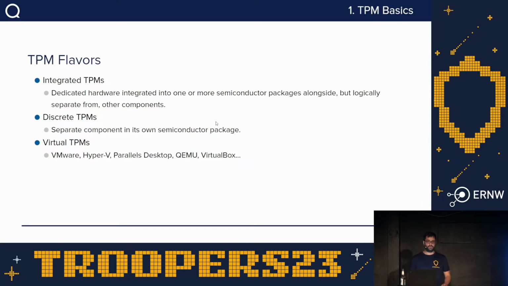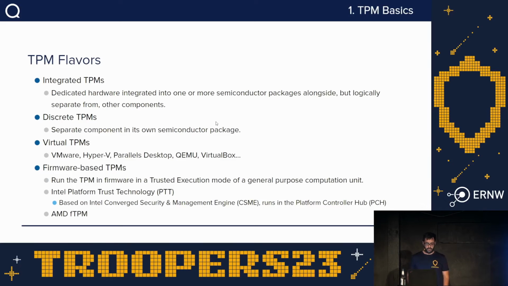You also have software implementations of the TPMs, which are typically shipped with virtualization software, such as VMware, HyperV, VirtualBox, QEMU, Parallels, and so on. And finally, there's a kind of hybrid version, which is the firmware-based TPMs.